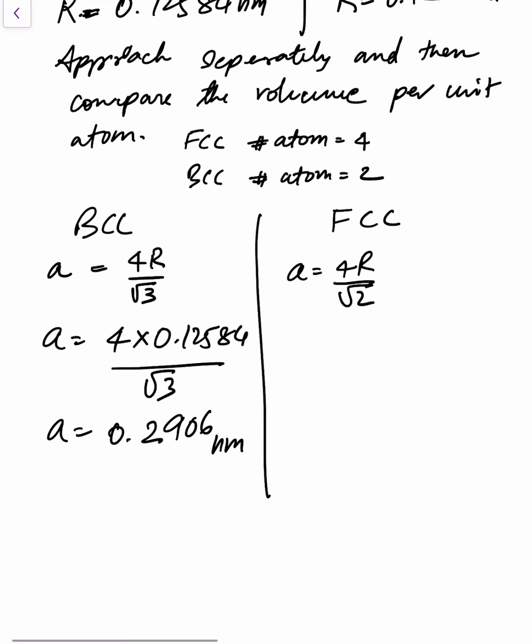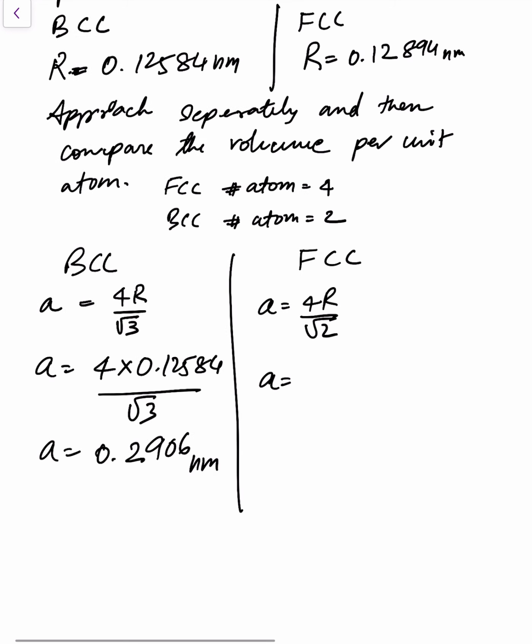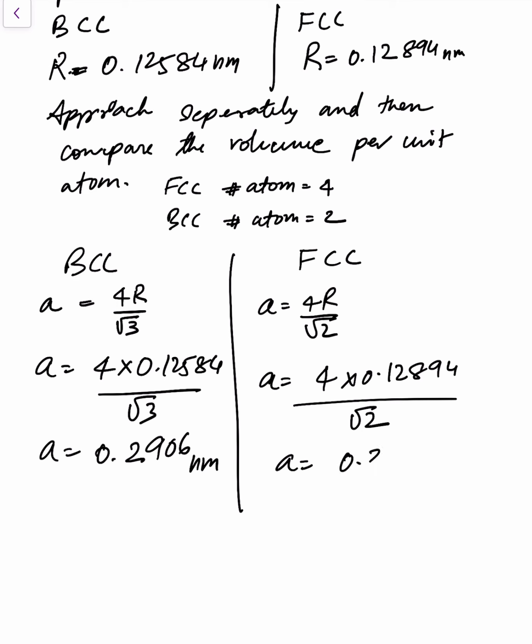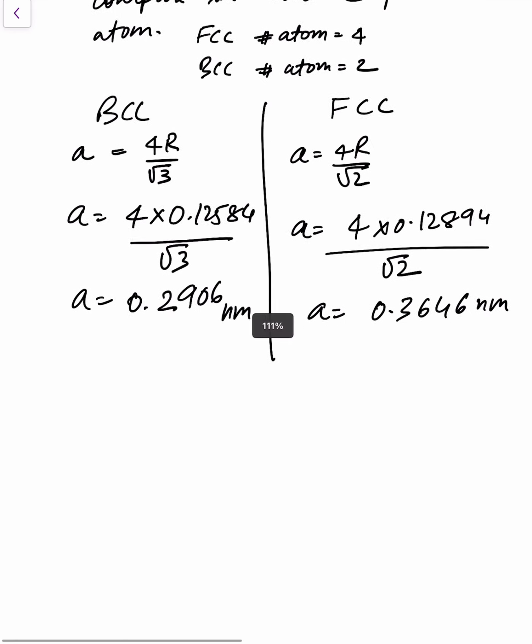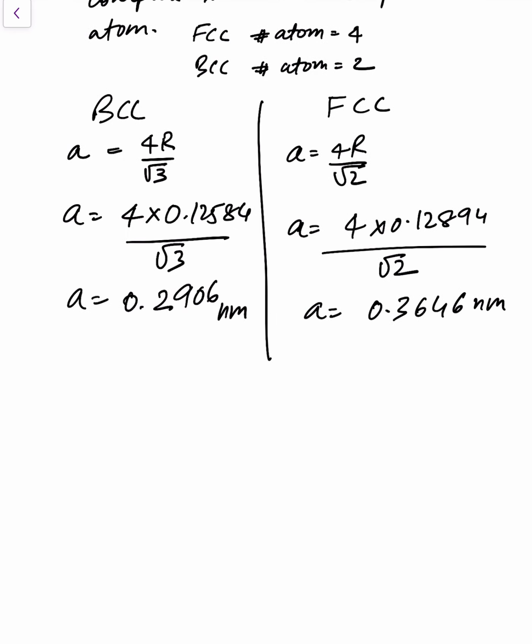Similarly, when you look at the lattice parameter for FCC, that is equal to 4 times 0.12894 divided by square root of 2, and that is equal to 0.3646 nanometers, right?